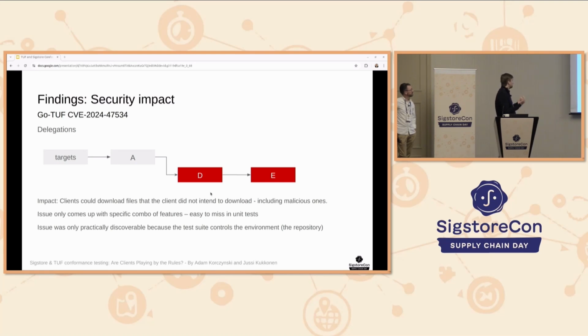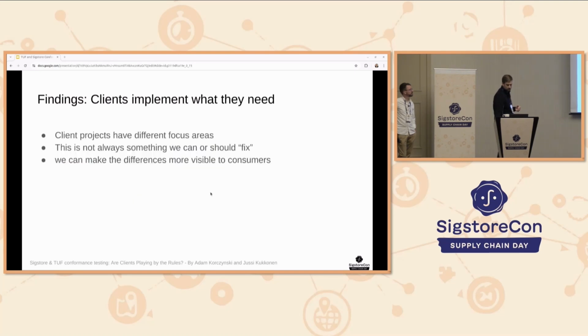A big part was really that the test suite controls the test environment entirely, so I think it was an issue that was very easy to detect in a normal unit test suite. So yeah, a slide about what the clients implement, what they need.